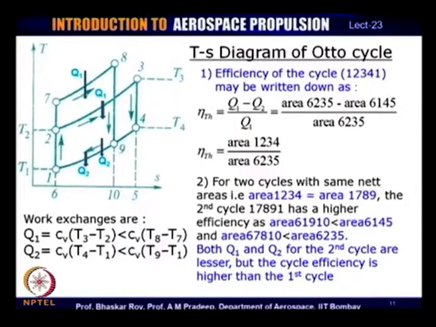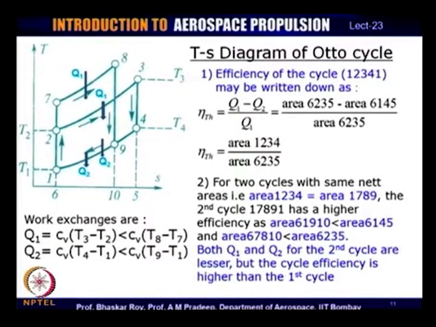So, as a result, the efficiency, which is given in terms of the net area and the heat input into the system, because the area of 6, 1, 4, 5 is higher than 6, 1, 9, 0, comes out to be much higher for the second cycle.